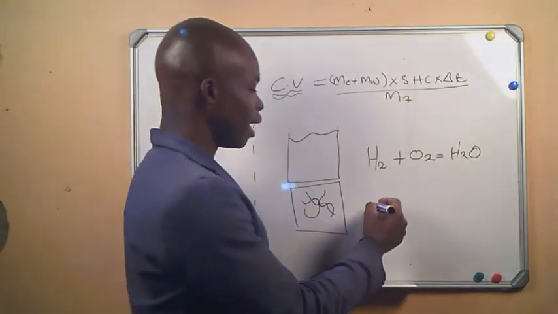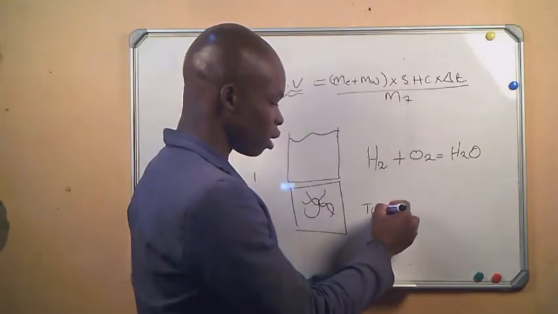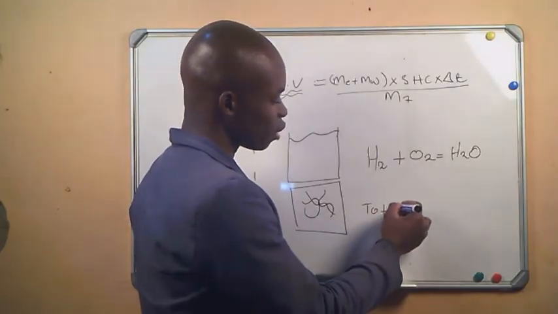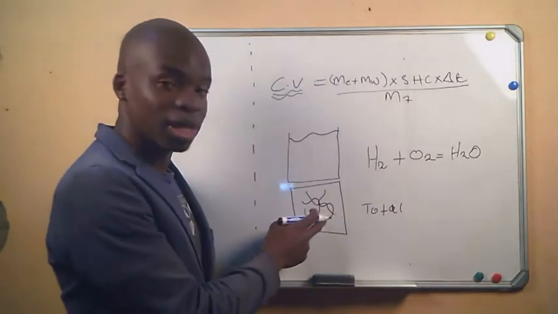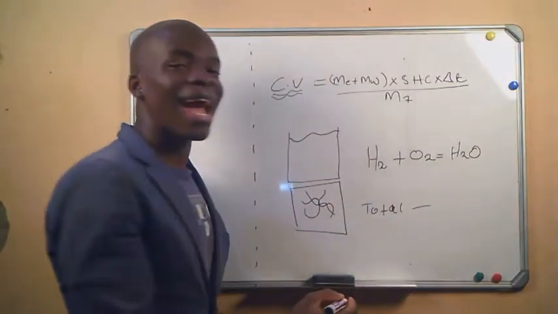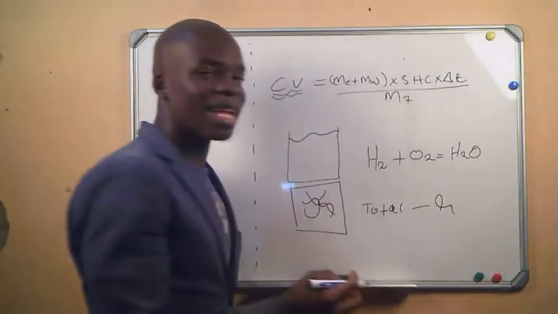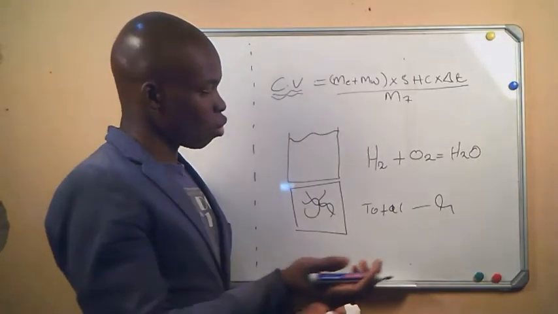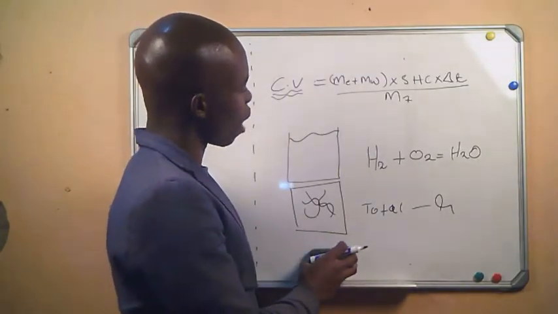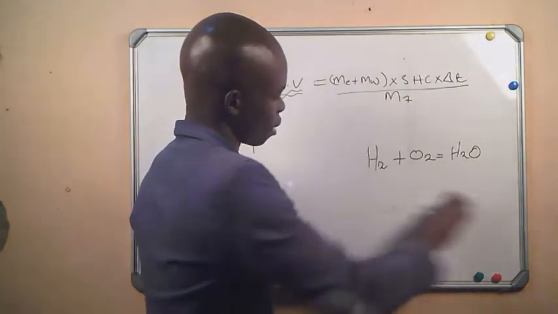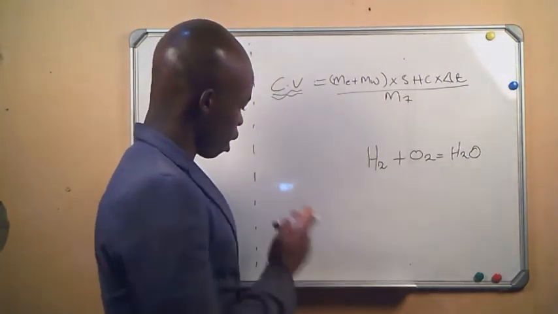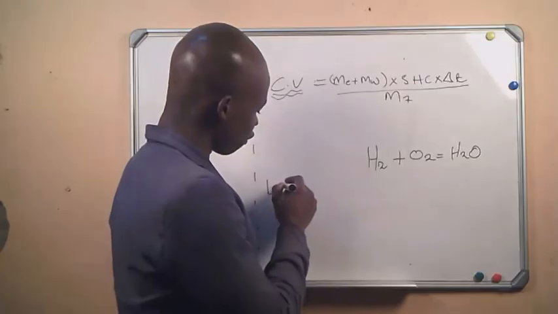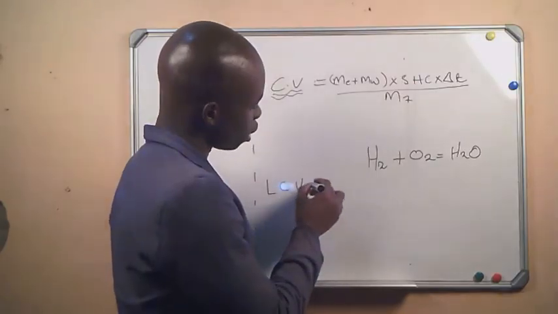So from the total amount of heat that will be produced here, we will minus the amount of heat that left with the steam. So we will have another formula, the low calorific value.